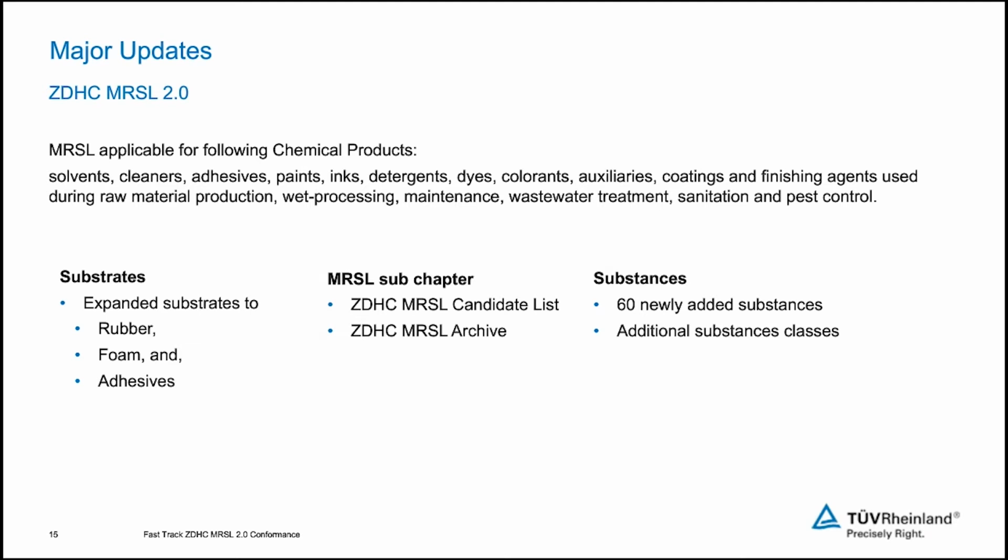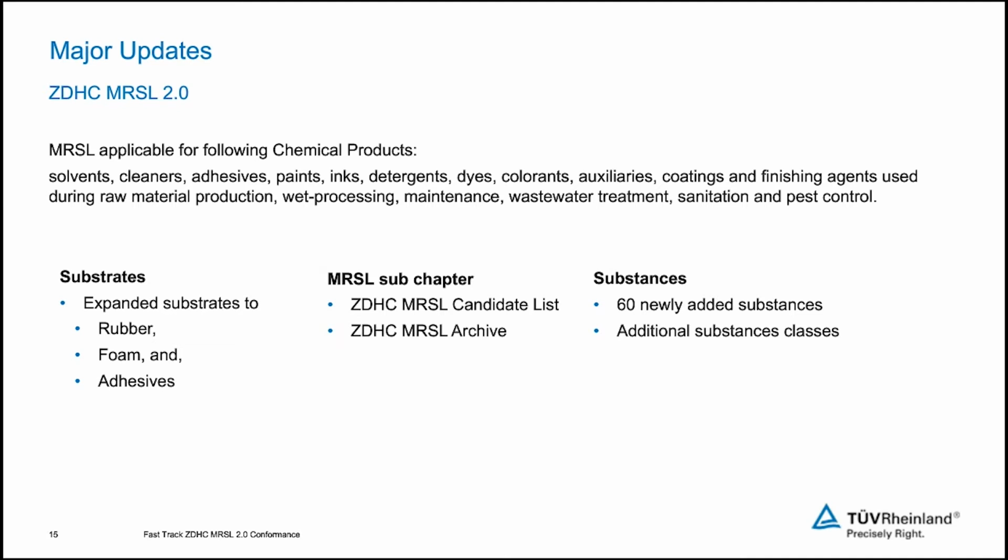Similar to the SVHC list under REACH, stakeholders can propose chemical substances meeting the criteria to be included into the upcoming version of the MRSL. One chemical which might be relevant for you is formaldehyde. I would like to show you a little bit more about the MRSL candidate list later in my presentation.